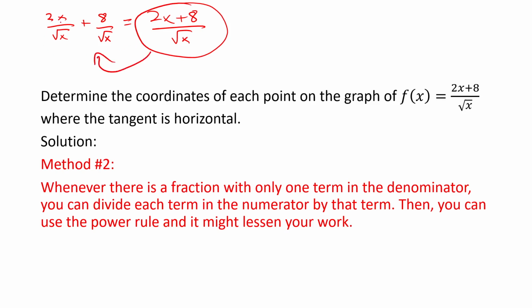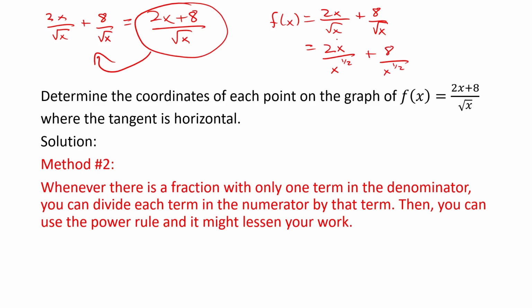So think of our expression f of x as really being 2x over root x plus 8 over root x. If you think of it that way, then what you have is 2x over x to the 1/2 plus 8 over x to the 1/2.